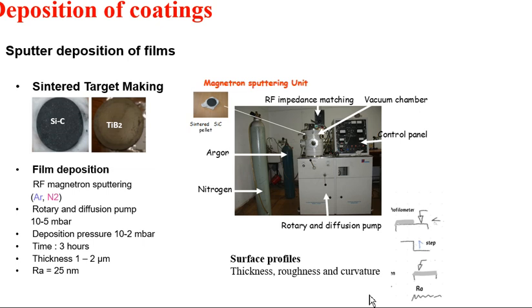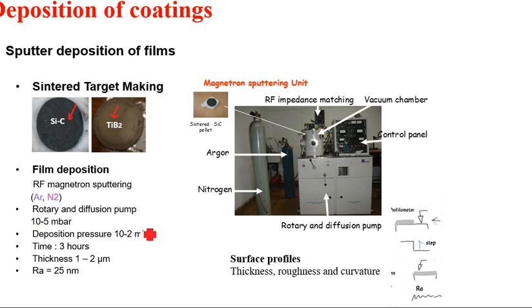So the films were deposited by a very usual standard process of magnetron sputtering, where we make targets of silicon carbide and titanium diboride, and we put them as targets inside the chamber, and we create a plasma.